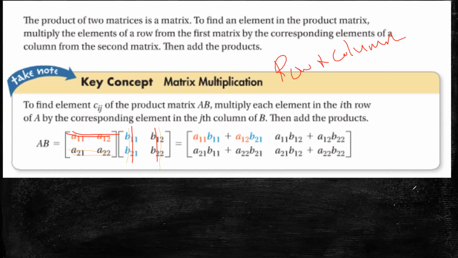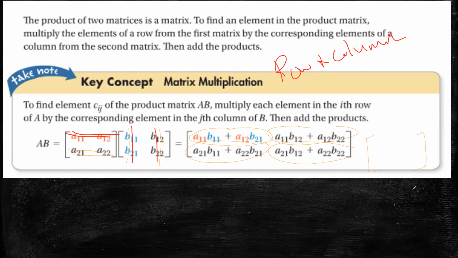Then you add them like this, each one. After you add them, you get a new matrix that has the same dimension. Or not the same. I will tell you how we can find the new dimension of the matrix.